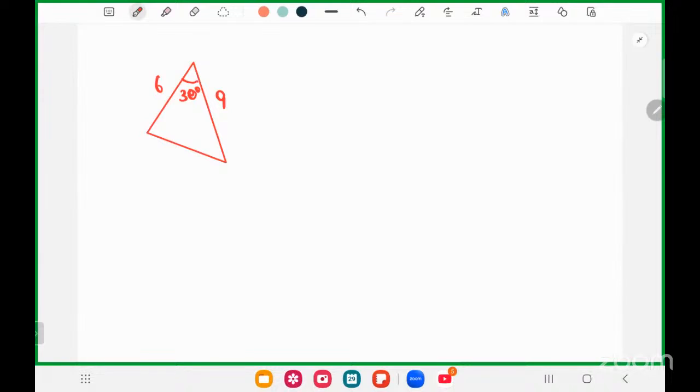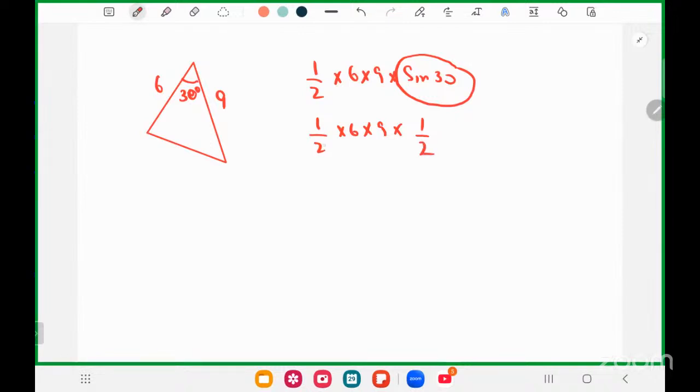So half AB sine 30. I hope for paper one, everyone is aware of the fact that sine 30 is half. So this is 27 upon 2, that is 13.5 unit square.